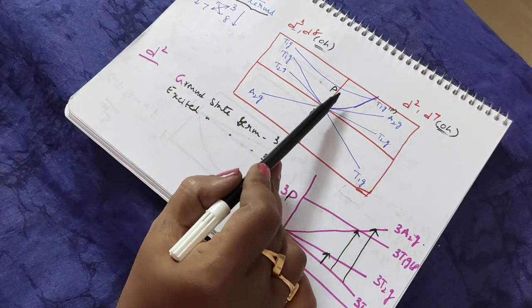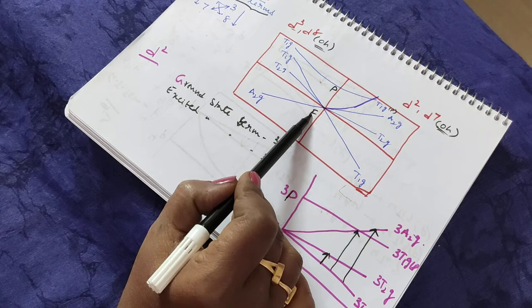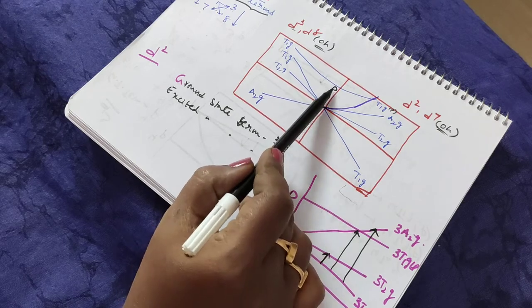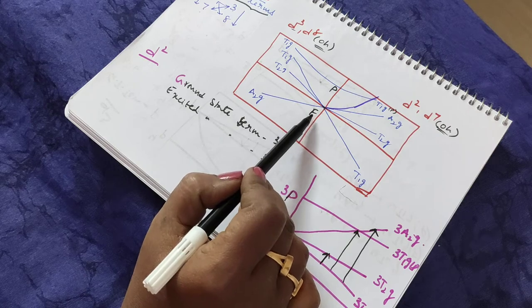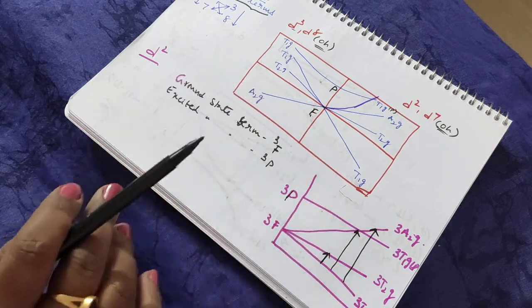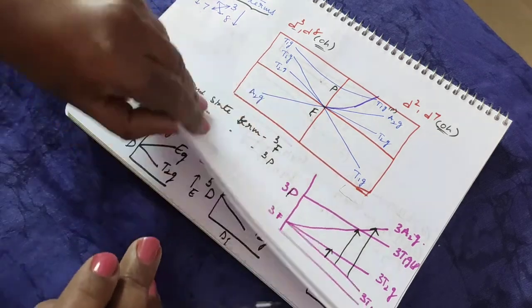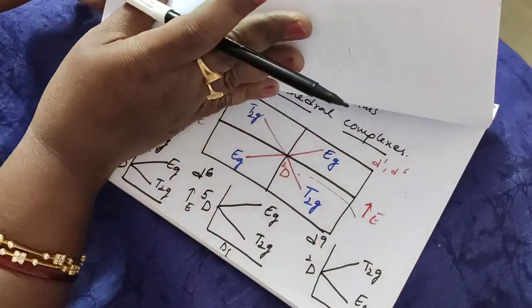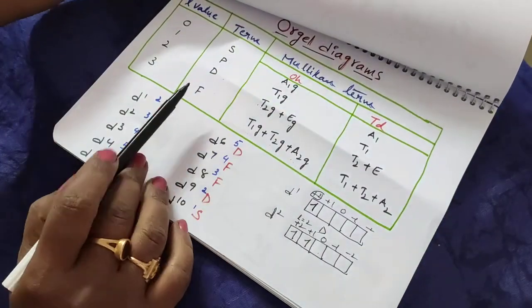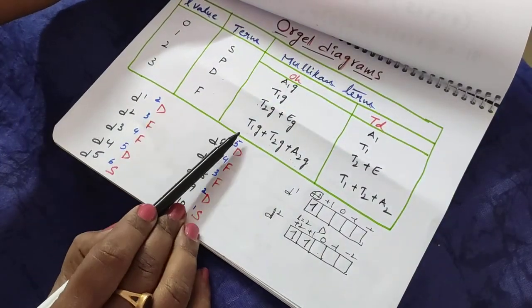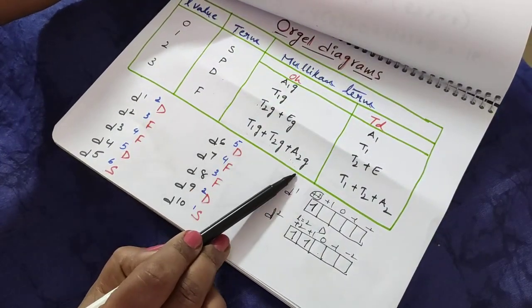So here ground state term is F term. So we get a P term here. Okay. Next, so how is the F term divided here? F term is divided into T1G, T2G and A2G.